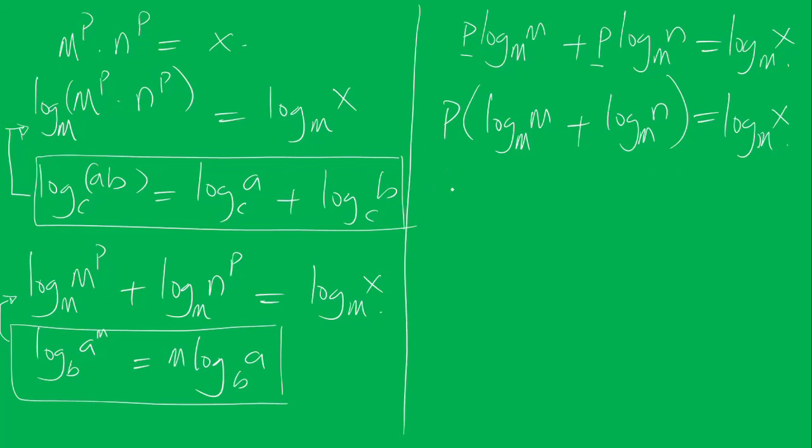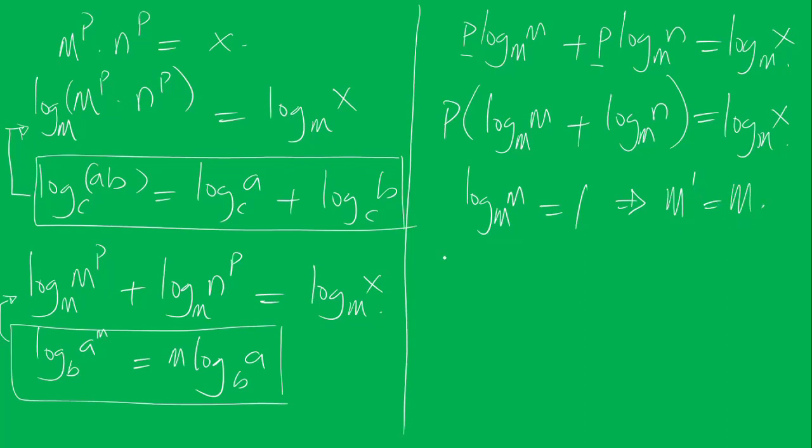Now, according to the rules of logarithm, log m base m is equal to 1. That is, log of any number to the base of that same number is equal to 1, which implies m to power 1 is equal to m.